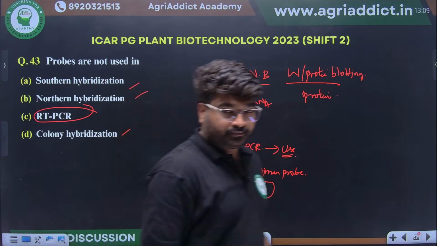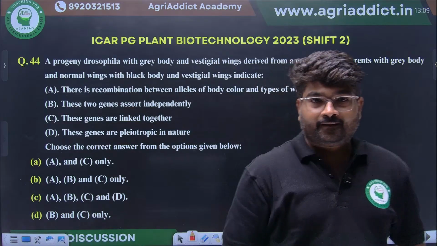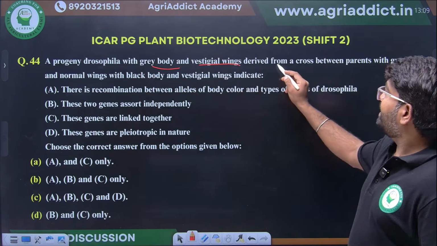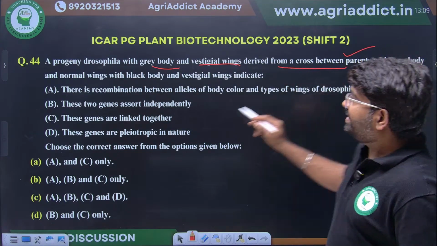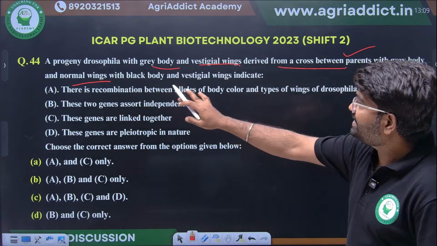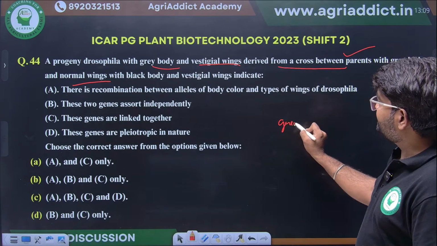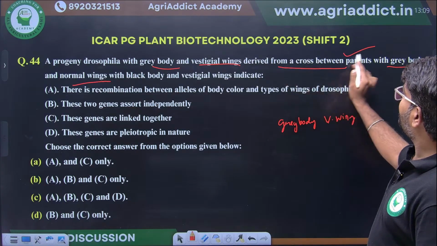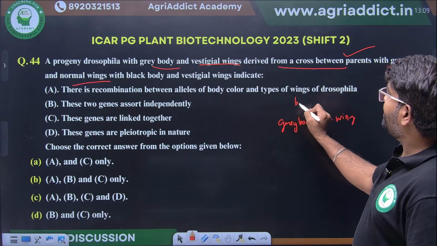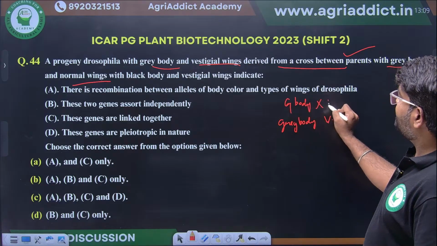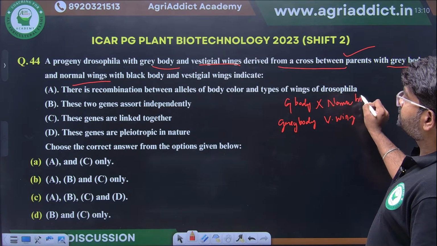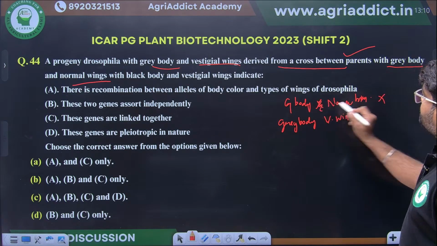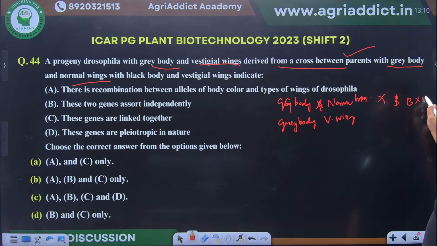Clear? Yes. Next. A progeny Drosophila with grey body and vestigial wings, derived from a cross between parents with grey body and normal wings and black body and vestigial wings.